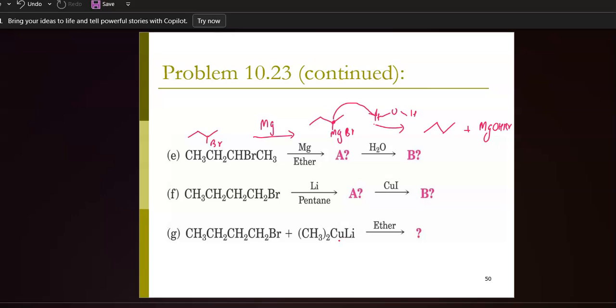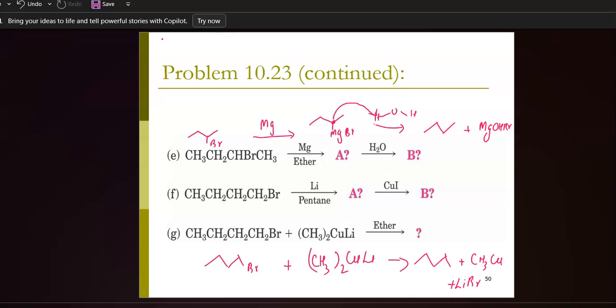And then if you take the Gilman's reagent and react it with another alkyl halide, which is this one, we have 1, 2, 3, 4, and then a Br attached here, and you treat it with CH3 2 copper lithium. Remember, one of the CH3 groups gets attached to this chain, so you end up in formation of pentane, and your side products are CH3Cu plus Li.